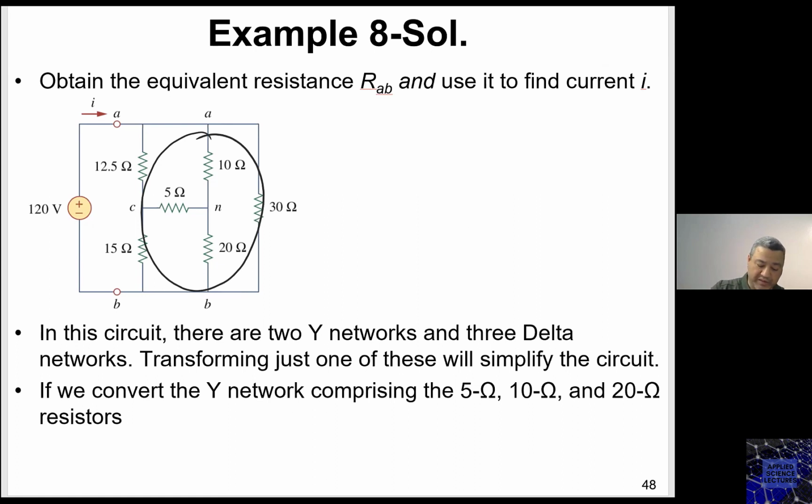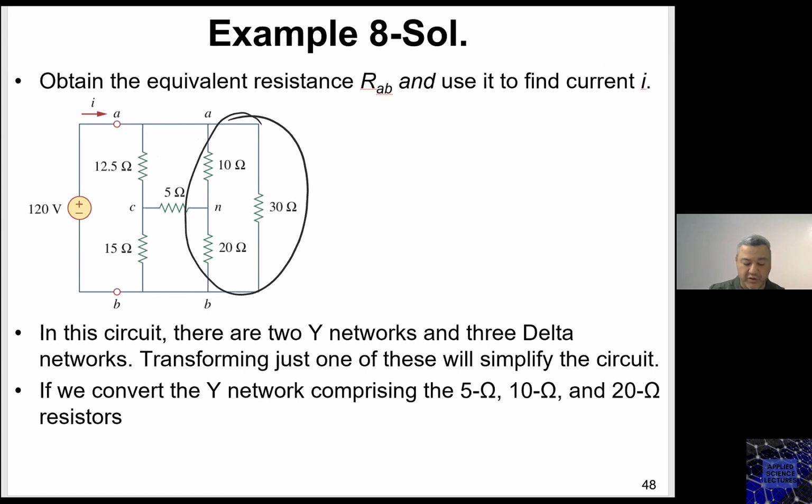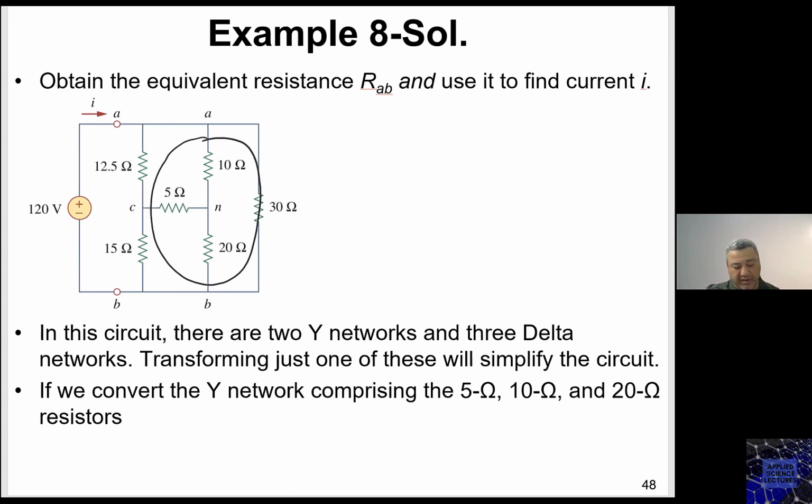But if you take the delta, for example this one, and go to Y, you will find out that you will need one more simplification. So in our case, because we took this Y that is in the center of the circuit, we managed to simplify it and find the equivalent resistance in only one transformation. But don't be surprised if you may need more than one transformation to simplify. Any questions so far?